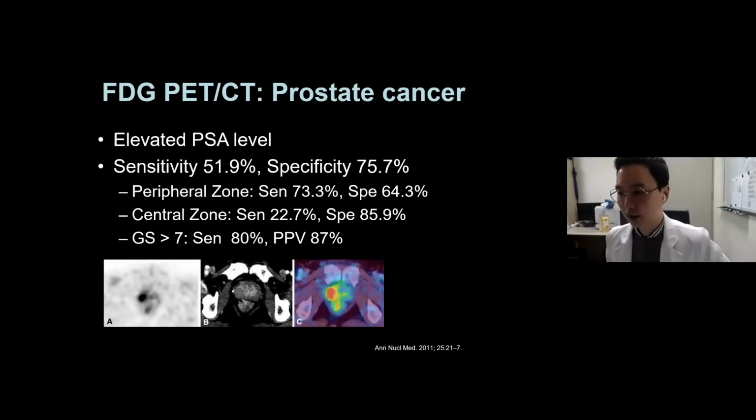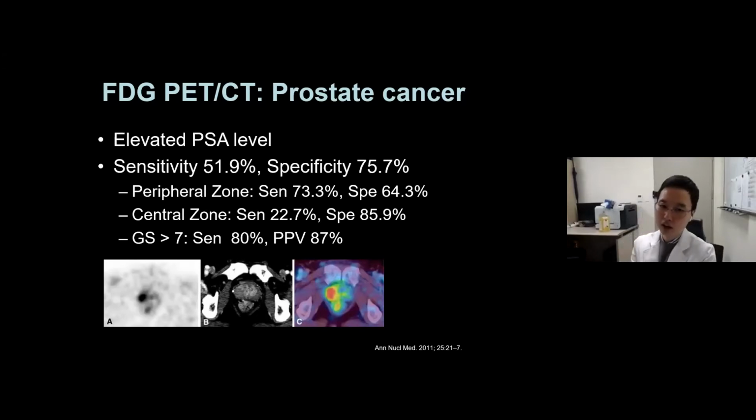However, the diagnostic performance of FDG PET for prostate cancer is still limited. The widely accepted reason is that urinary excretion can interfere, and also prostate cancer itself has a lack of glucose metabolism, so it is limited for the evaluation of prostate cancer patients using FDG PET.